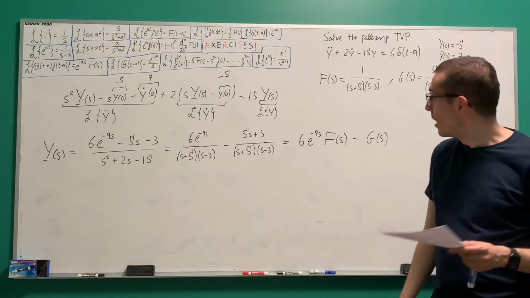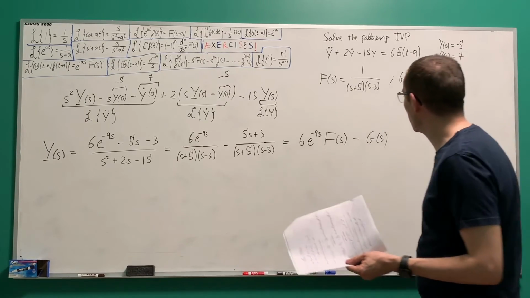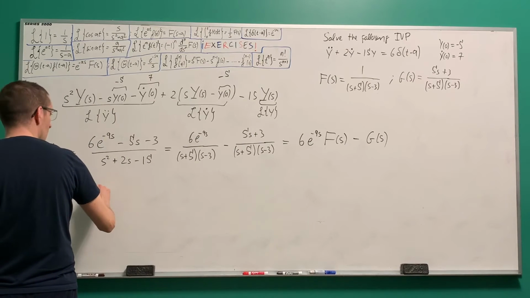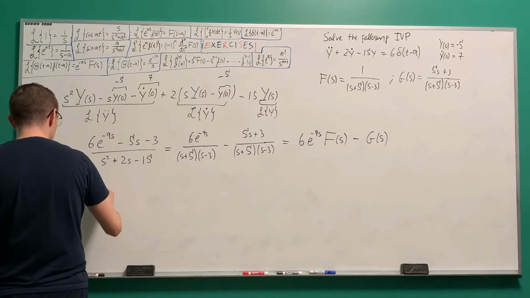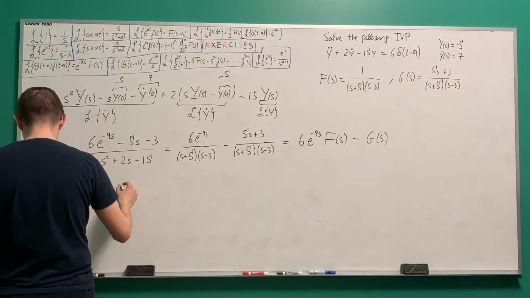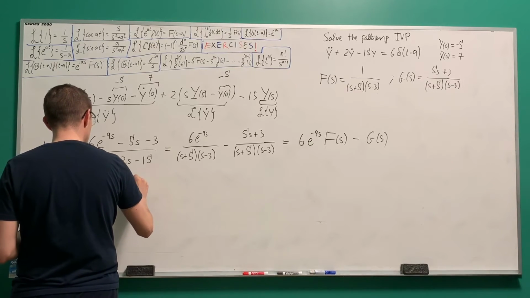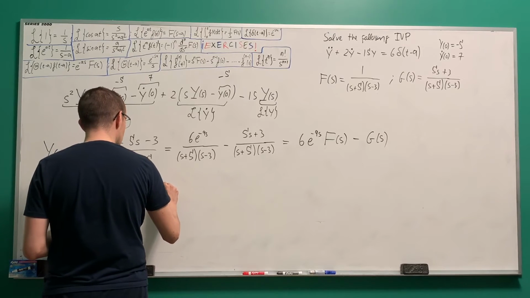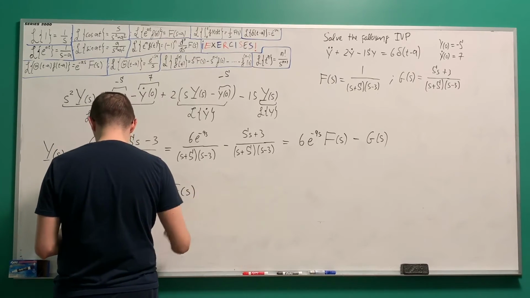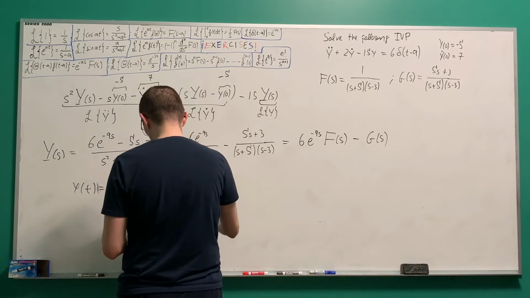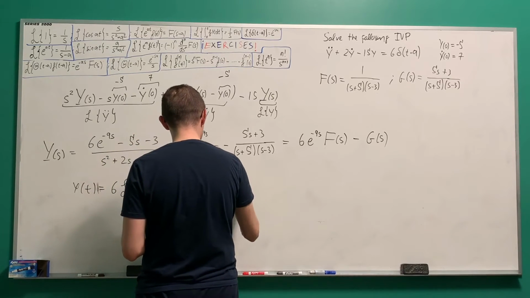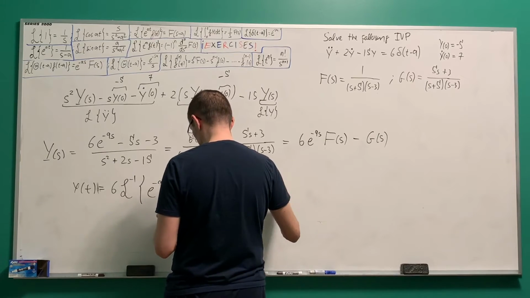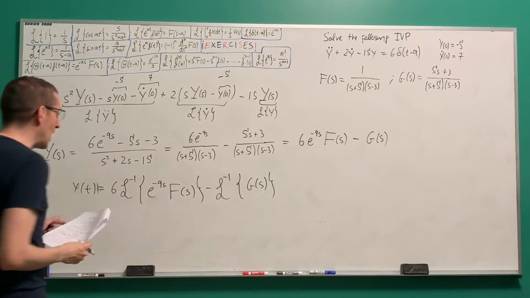Alright, wonderful. And then we know that to find y of t, all that I need to find is this: y of t is going to be 6 times the inverse Laplace transform of e to the minus 9s f of s, right, minus the inverse Laplace transform of g of s. Alright, and why did I do that?